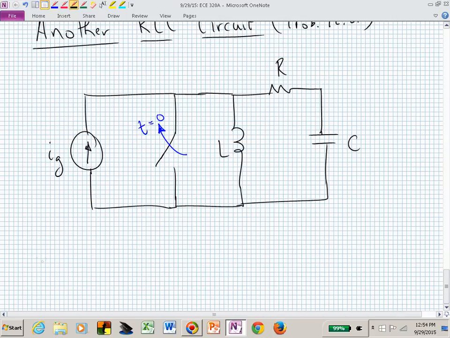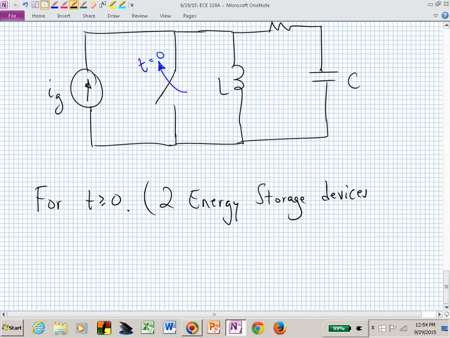So for t greater than 0, how many energy storage devices are there? Does that tell you anything? Unless there's some cancellations or combinations going on, generically this would lead to a second order differential equation or two first order.